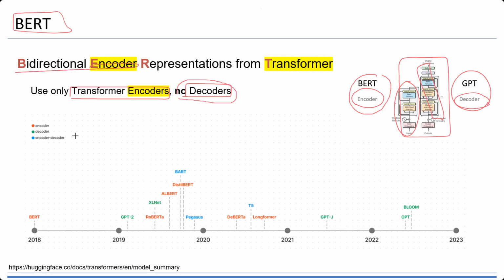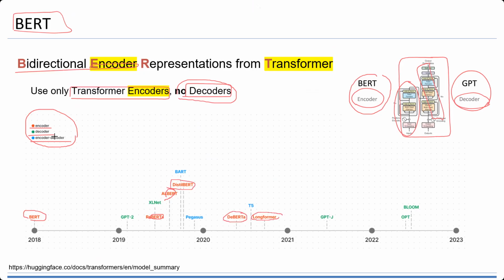And you can see some of the models in the pre-trained model. We can classify them as encoder only, decoder only, or encoder-decoder. The variants of BERT, like BERT, RoBERTa, ALBERT, DistilBERT, TinyBERT, Longformer, use the encoder only.